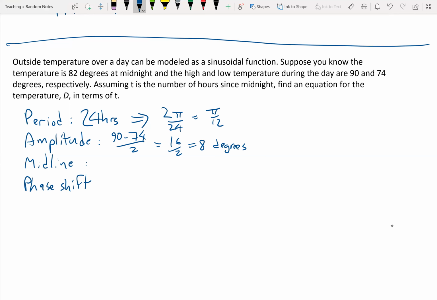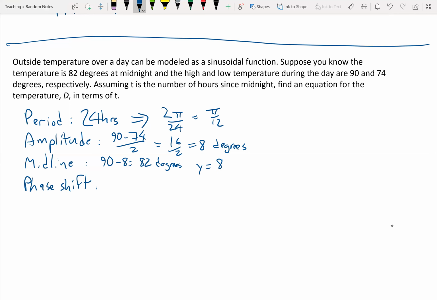The midline is halfway between the high and the low, or you can subtract the amplitude from the high point or add it to the low point. So 90 degrees minus 8 degrees would be 82 degrees. The midline is a line, so let's write it as y equals 82.